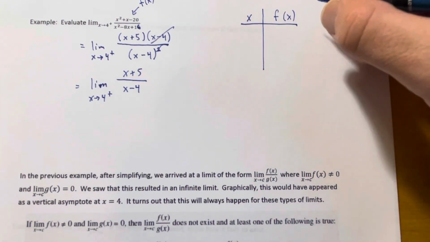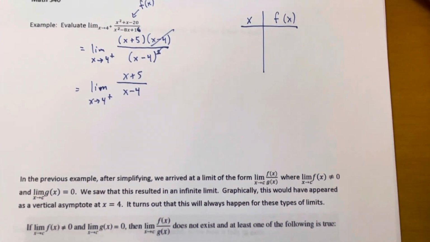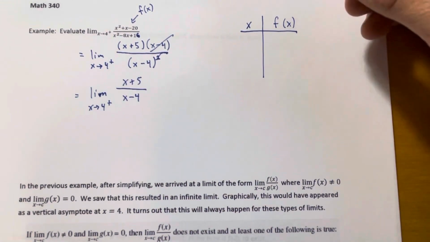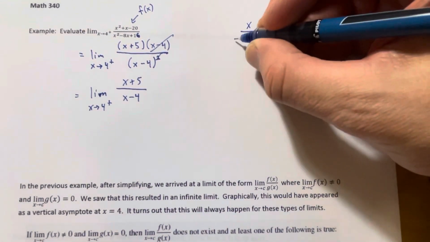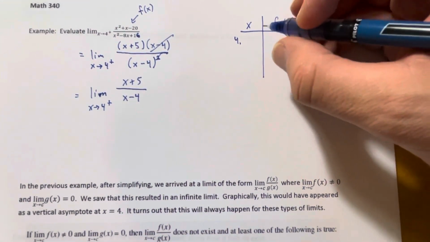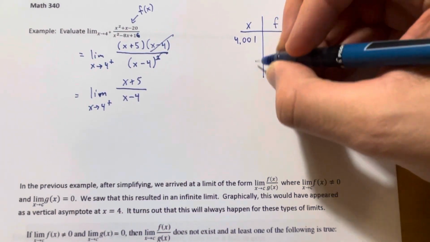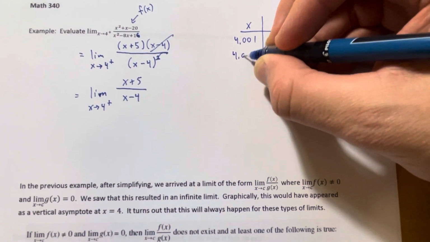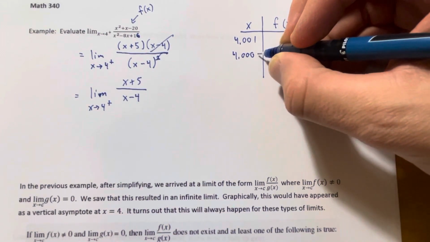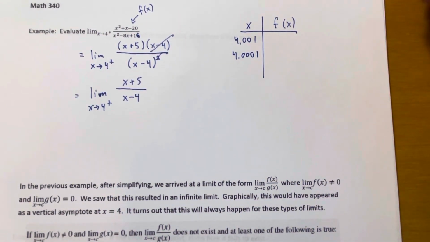If I plug numbers in for x, I want to pick numbers that are close to 4, but slightly larger than 4. So I'm going to plug maybe just 2 values in to see if some kind of trend starts to arise. 4.001, 4.0001. Okay? So these numbers are very close to 4, but I'm being careful to choose numbers that are still larger than 4 because I'm approaching from the right.